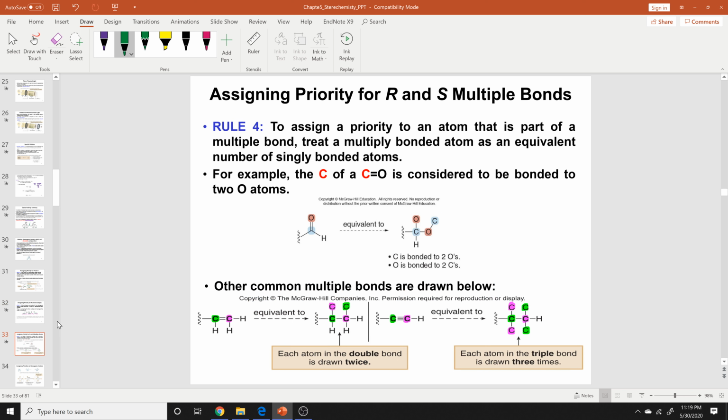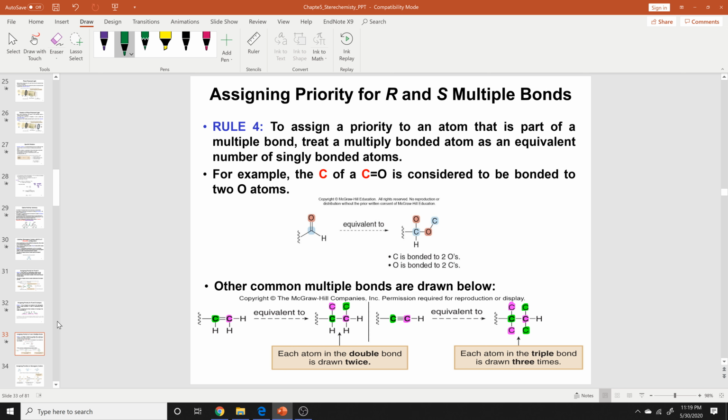Rule number 4. Let's say, for example, we need to assign a priority to an atom that is part of a multiple bond. So if you have a carbon double bond carbon, or a carbon double bond oxygen, what are you going to do in this case? There's a rule that says that a carbon that is connected to a double bond oxygen means that the carbon is connected to 2 oxygens and the oxygen is connected to 2 carbons.